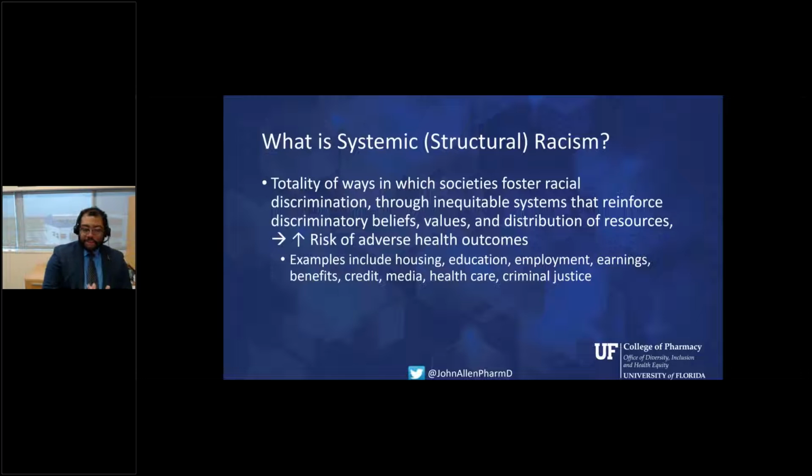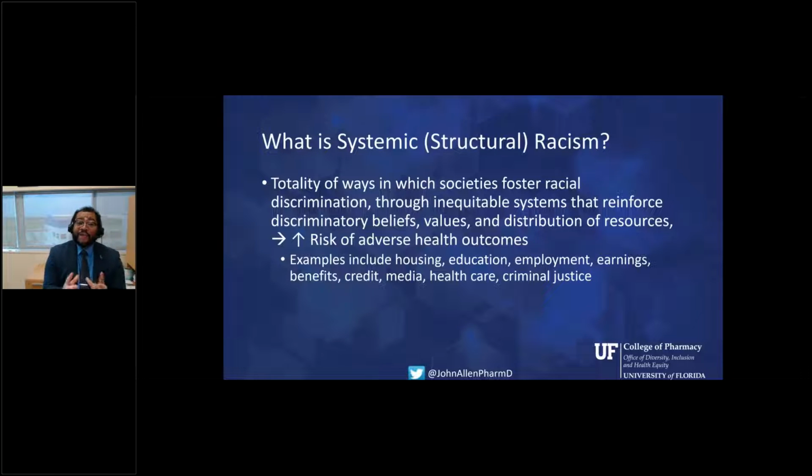When we talk about health equity, we can't have the discussion without understanding factors and structures that contribute to health inequities. That's classically described as systemic or structural racism.